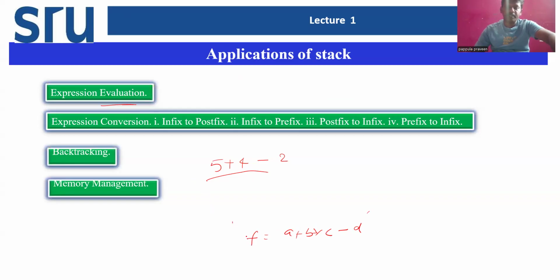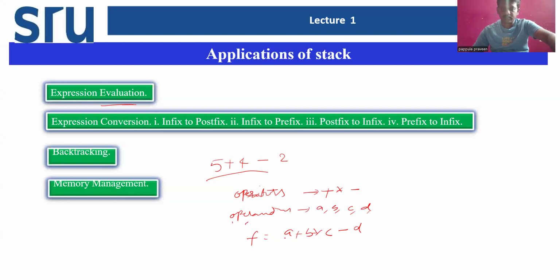Now how many operators and how many operands? In expression evaluation, we check the operators and operands. Operands are A, B, C, and D. Operators are plus, multiplication, minus.